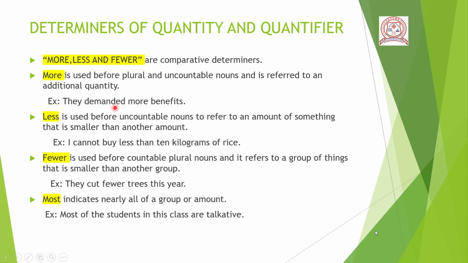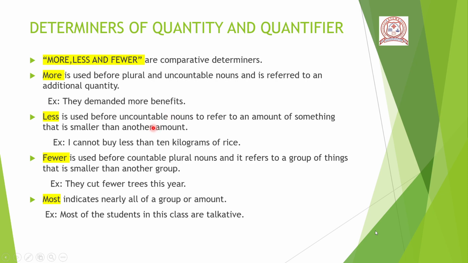Example: they demanded more benefits. Here, benefits is the uncountable noun, like an abstract noun, so you use the word more. They demanded more benefits, an additional benefit over what they're getting at present.